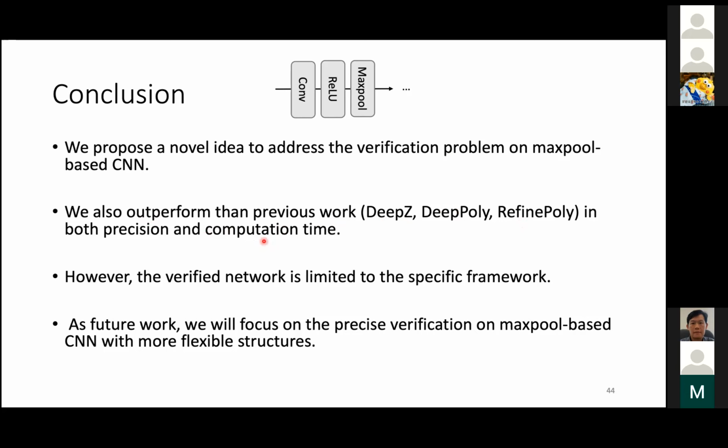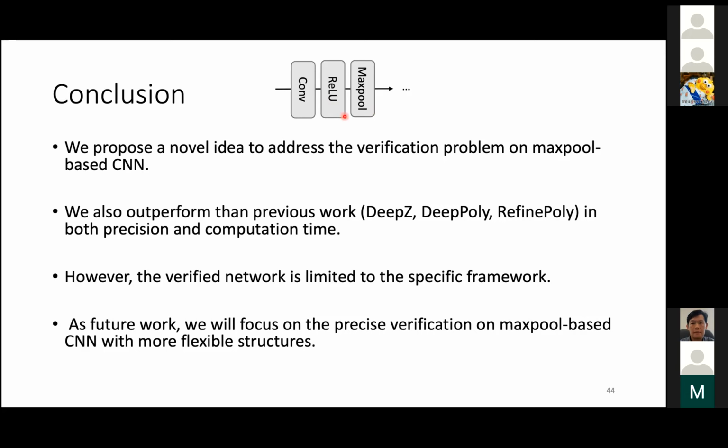But there is a small drawback in our work because our verified network is limited to a specific framework. That is, in our math derivations, the ReLU function is followed by the convolution, and the maxpool function is followed by the ReLU. So the network architecture is fixed.